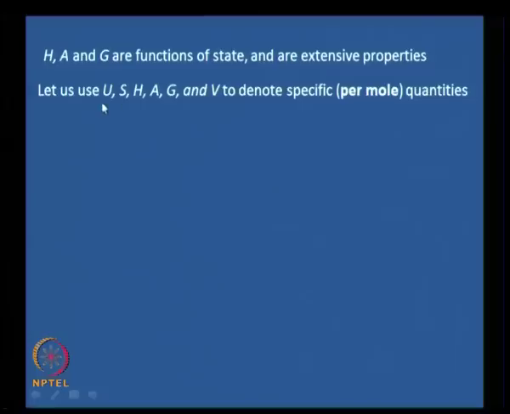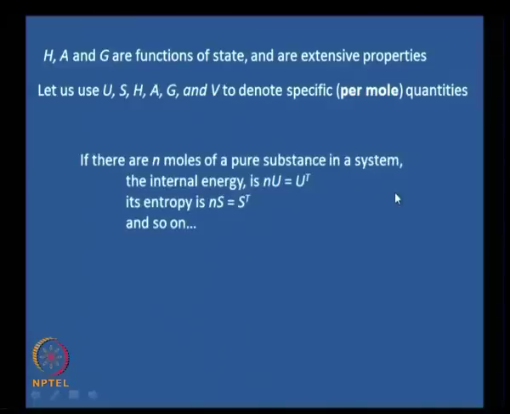In this particular case, we are going to use U, S, H, A, G, and V to denote per mole quantities. But not all systems will be composed of 1 mole, therefore we need to have a terminology which will address different numbers of moles present in a system.